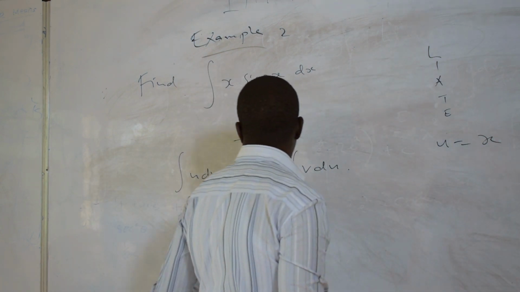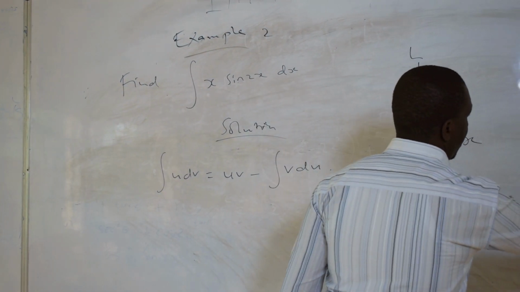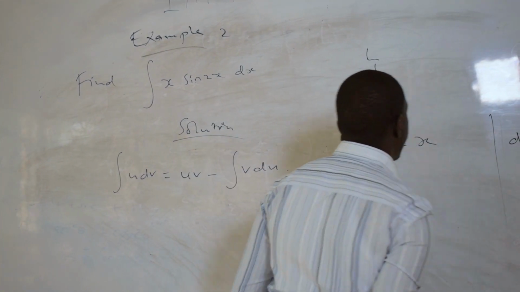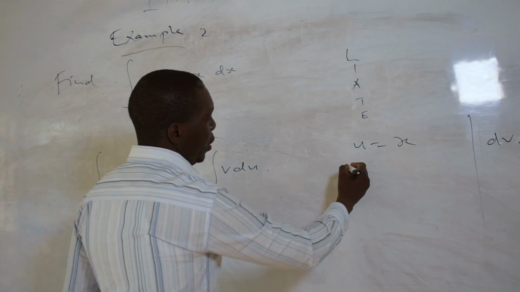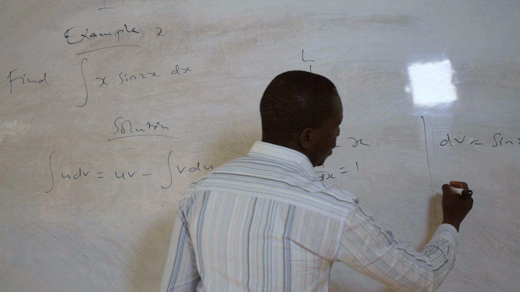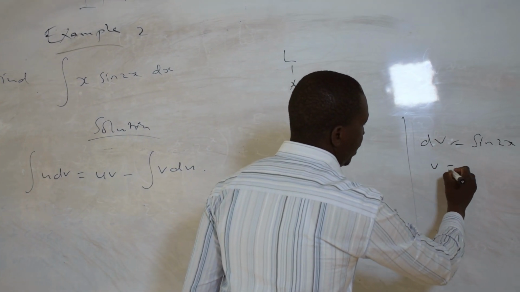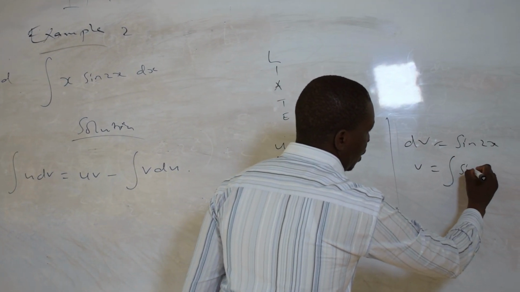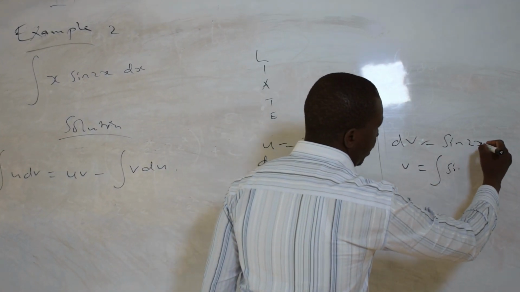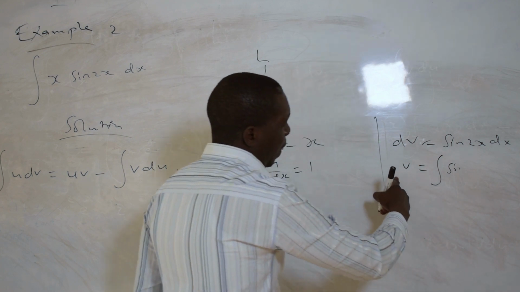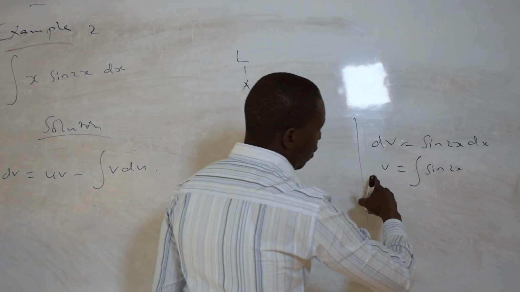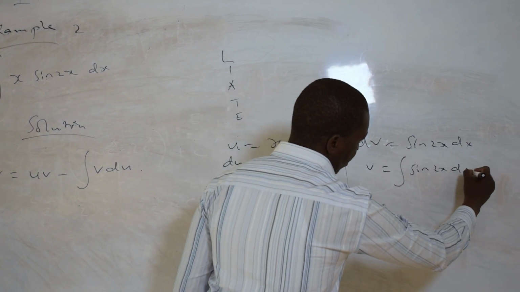So our dv is sine 2x dx. Now du/dx is 1. Our v will be the integral of sine 2x dx.